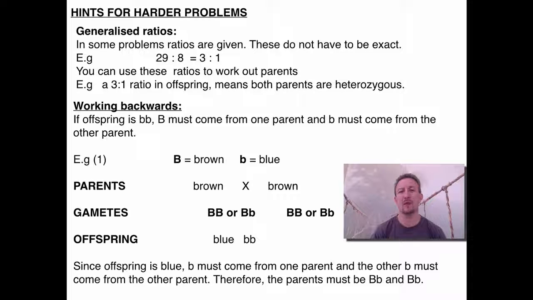Basically, if you went back to each of the 3 examples that I showed you in Activity 6A, a homozygous dominant with a homozygous recessive gives you all heterozygous, all the same colour. Well, that wouldn't work.